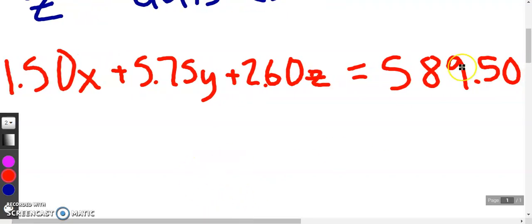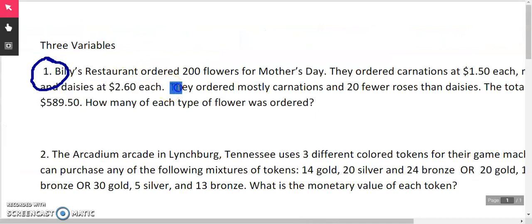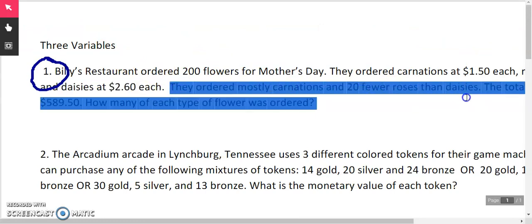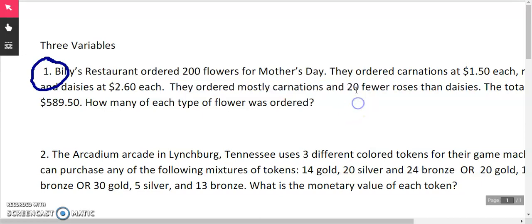All right, so let's go back and see if we have any other important information. I look at this second sentence right here, and it says they mostly ordered carnations, which doesn't help me a whole lot, but I know there's 20 fewer roses than daisies. My clue that this is important is simply that it has a number there, and that it mentions my roses and my daisies.